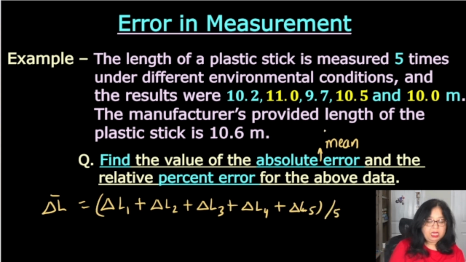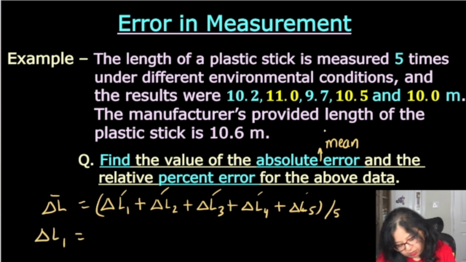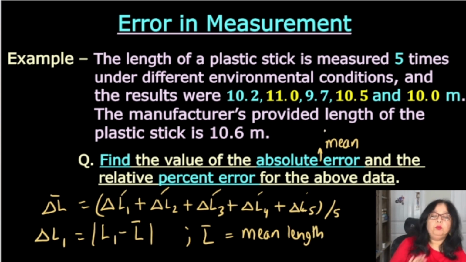So this is the mean value of the absolute errors in individual values of length that are measured. So delta L1 will be equal to L1 minus L bar, where L bar is the mean length for all the 5 data points.